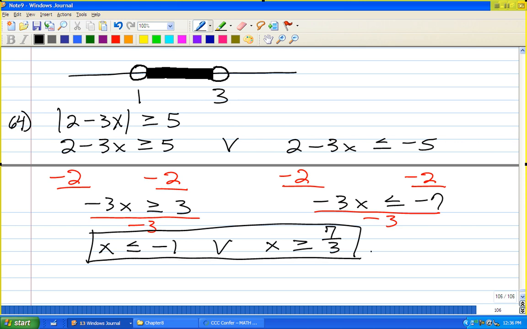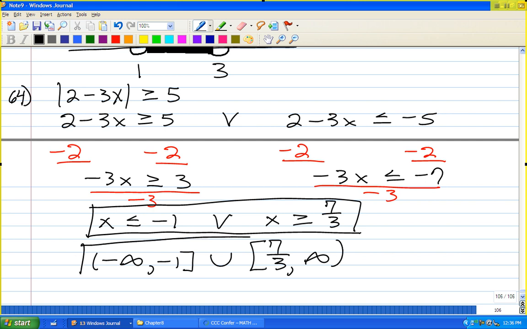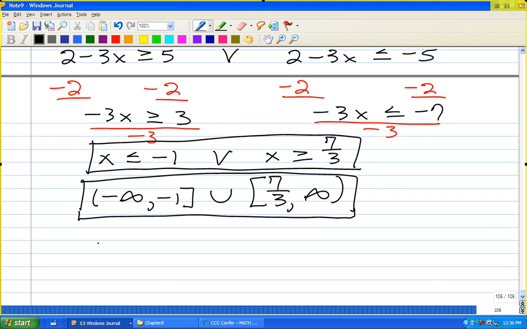So this is the union of the closed interval from negative infinity to negative 1 and from 7/3 to infinity. It is from negative 1 to 7/3.